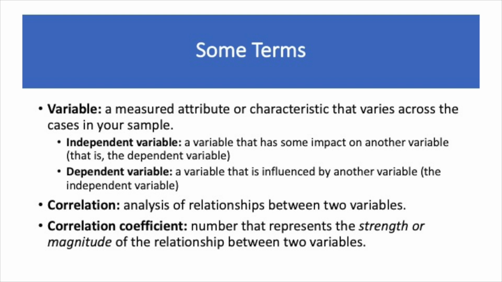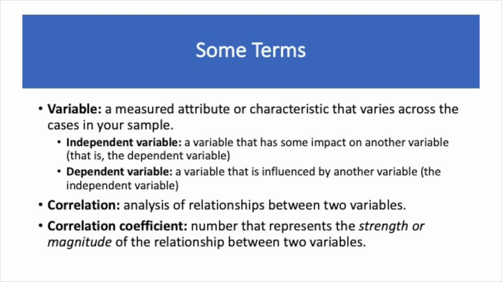Now the independent variable is the one that we're proposing has some impact on another variable, that is the dependent variable. Whereas the dependent variable depends on values of the independent variable. Okay, so the dependent variable is the variable whose value depends on the independent variable.